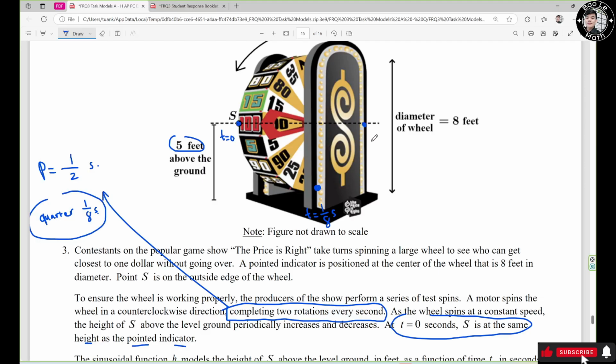Now point S goes over here, t is 2 over 8. When point S goes to the highest point right here, t equals 3 over 8. This one, t equals 4 over 8. Then back over here, t equals 5 over 8. This one, 6 over 8. This one, 7 over 8.